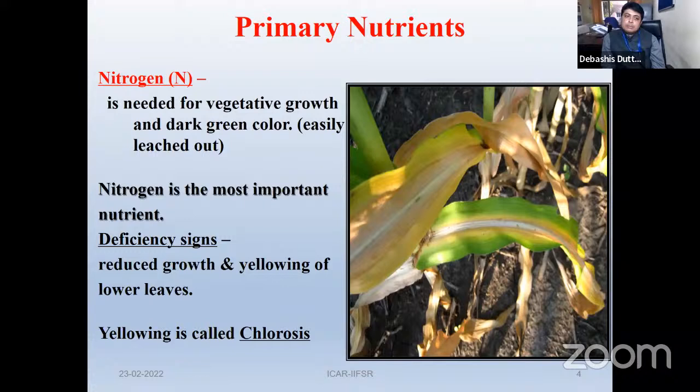The deficiency symptoms can be recognized by reduced growth and yellowing of lower leaves, and yellowing is called chlorosis. This is the chlorosis. By these symptoms, we can easily recognize the nitrogen deficiency.